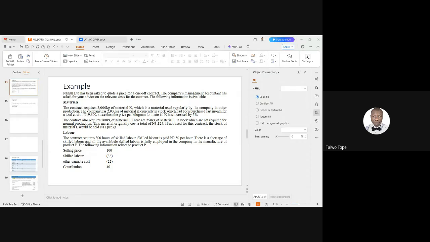The price of 1 kg, when you increase by 5%, will give you the current price: 10 naira 29 kobo. So that 10 naira 29 kobo is multiplied by the quantity you need to meet up with this decision, that is 3,000 kg.